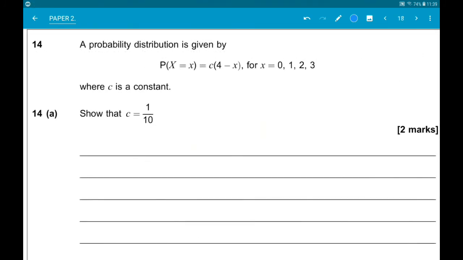Number 14. A probability distribution is given by the probability x equals x is c times 4 minus x, where x is 0, 1, 2, or 3, and c is a constant. Part A. Show that c is 1/10. Okay, so we know all the possible probabilities have to add together to 1. So, when x is 0, we get 4c.